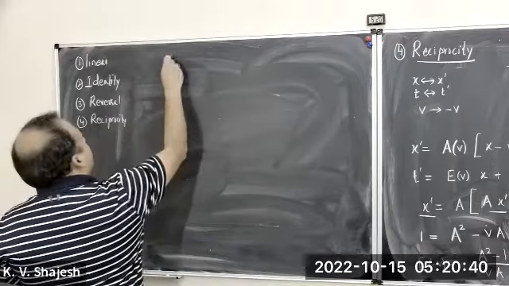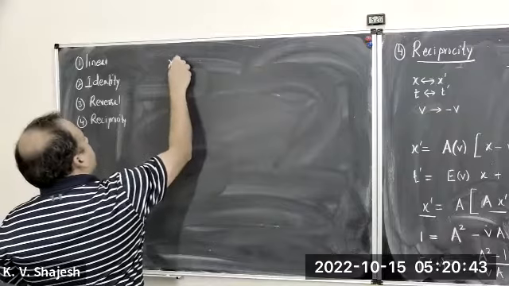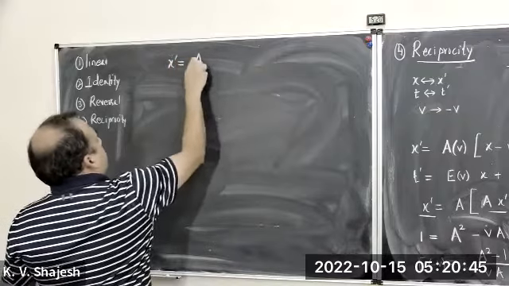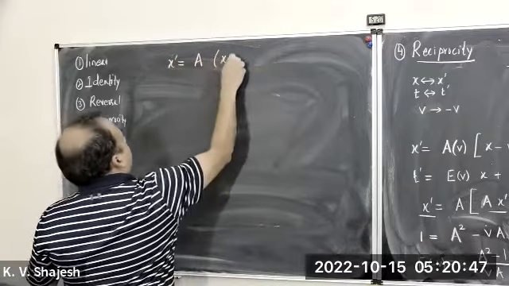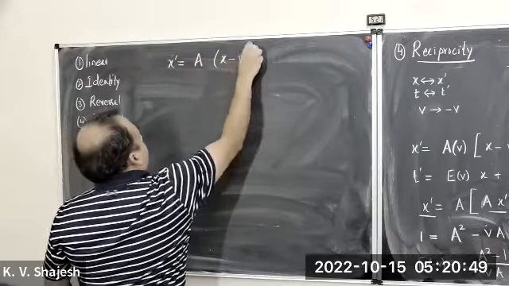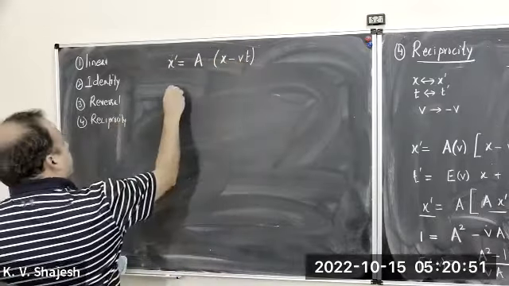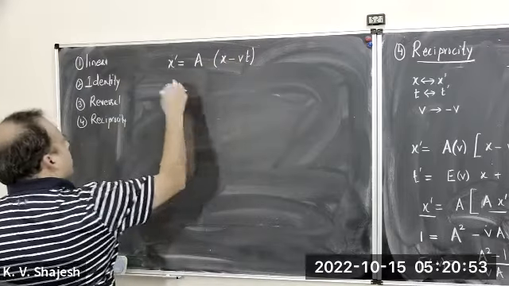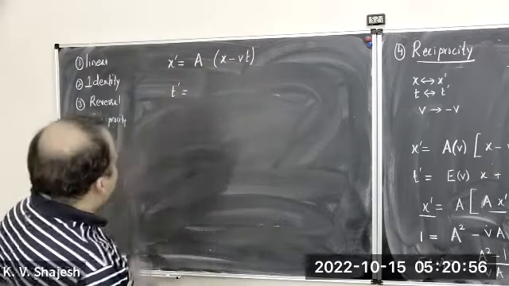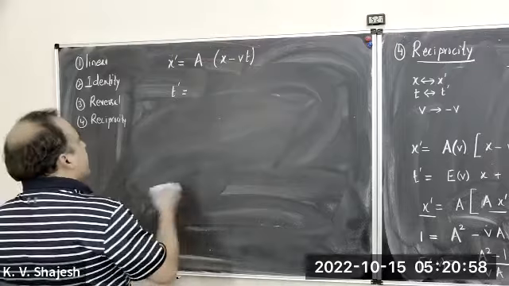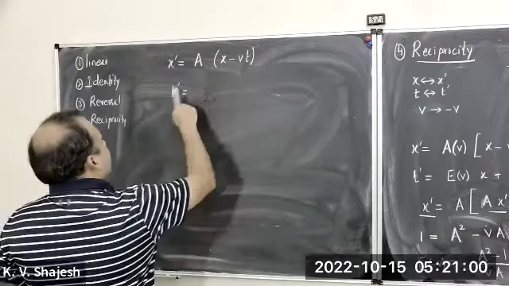Based on that, we learned that x prime has to be equal to A times x minus Vt, and T prime, remember, the moment we say T prime, we are saying that it's not the same time for every measurement.